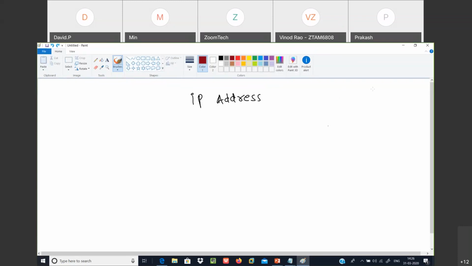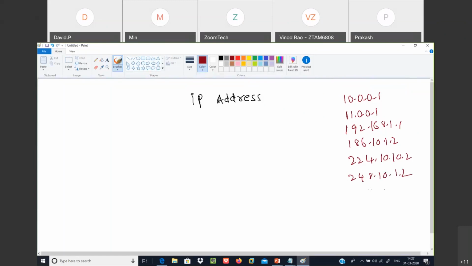Okay, Rakesh. 10.0.0.1. 192.168.1.1, 10.1.2, 224, 10.10.2, and 248, 10.1.2, something like 8.9.2.9, 194.20.20.8. These are all addresses, right?